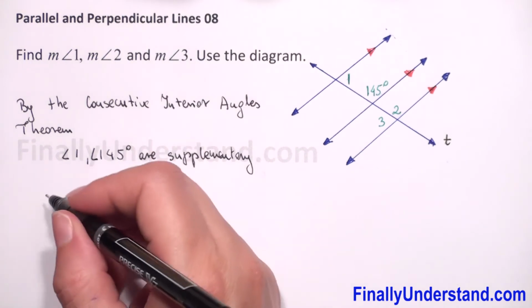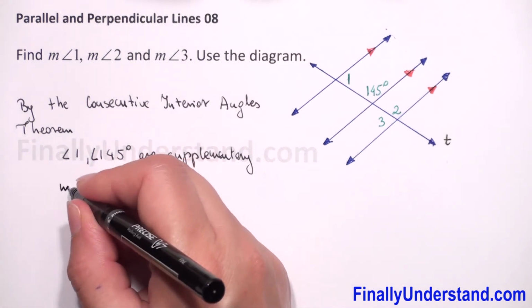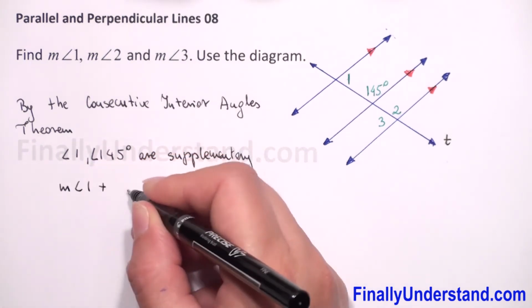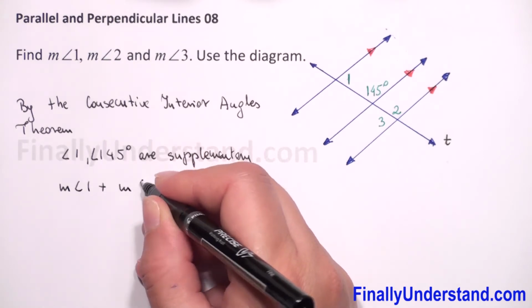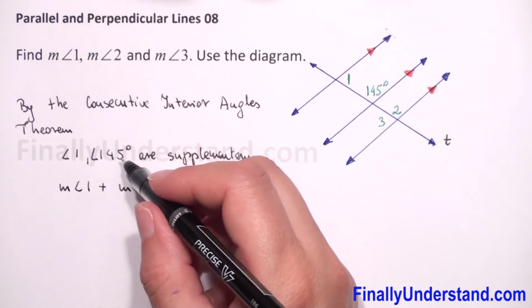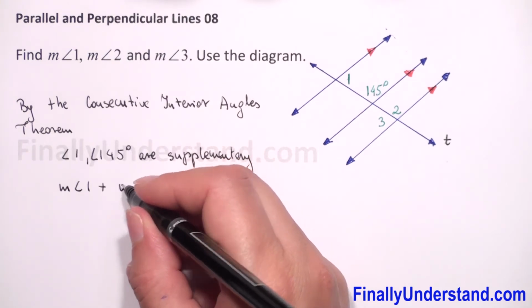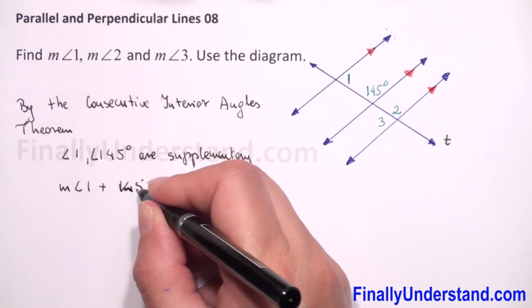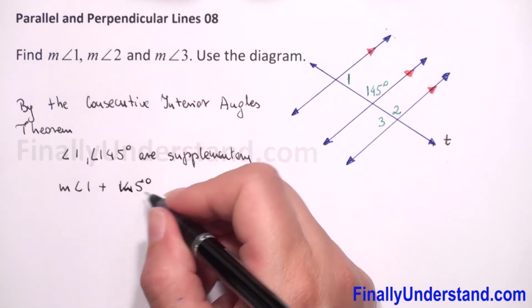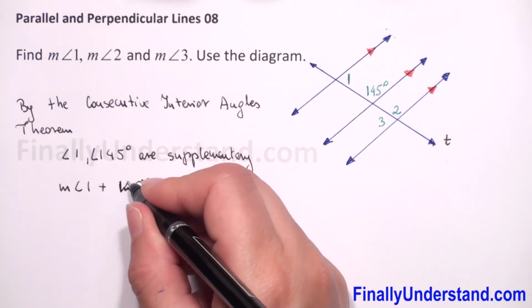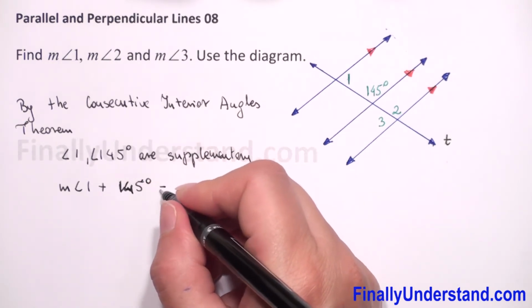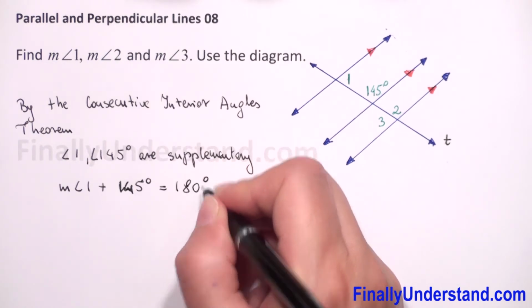So it means that the measure of angle 1 plus the measure of the angle of 145 degrees, because this angle has a measure of 145 degrees, is 180 degrees.